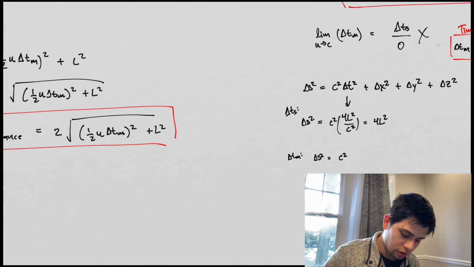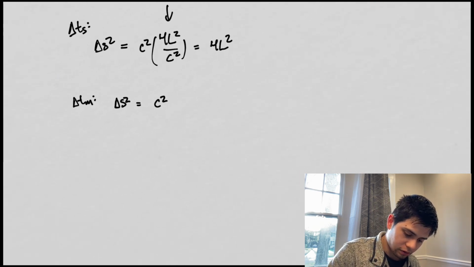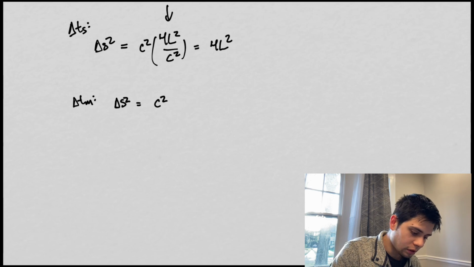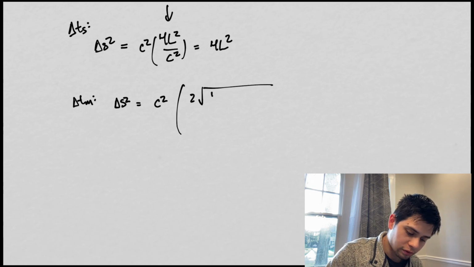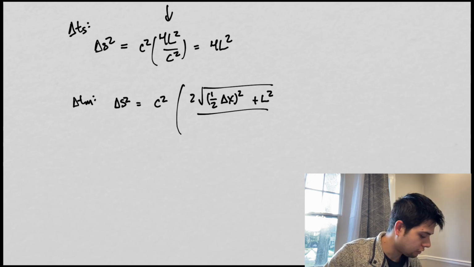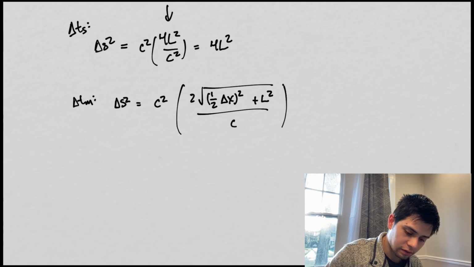So, what I'm going to do here, I'll just do it like this. That's going to be 2 times the square root of 1/2 delta x squared plus L squared, over C, right?